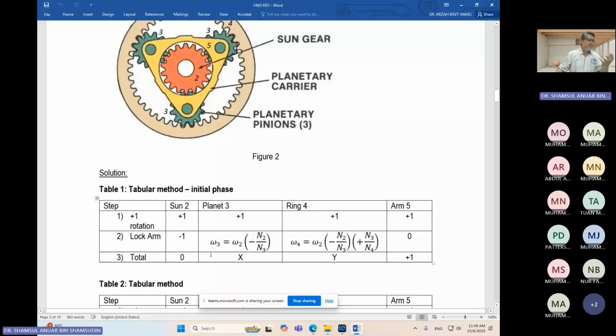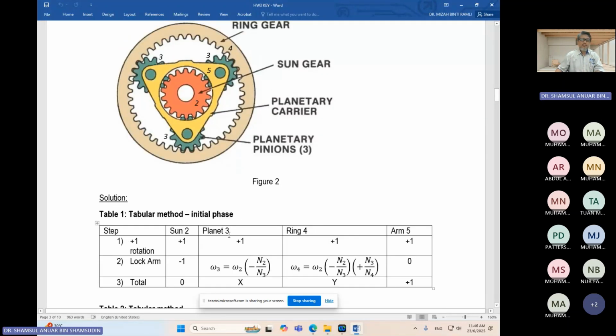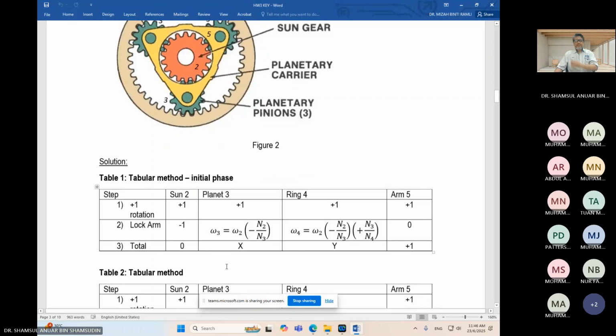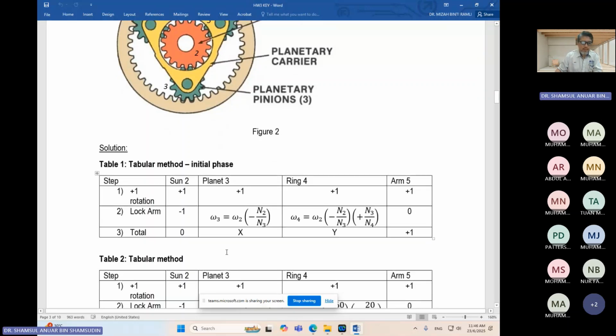So in our case, we are just going to analyze it as if we have only one planet. Planet 3 is just considered as one only. You don't need to show the 3 planets. Always do only one. So gear 3, even though we have 3 copies of it, we just analyze one only.